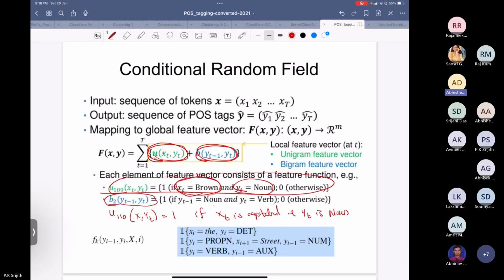Suppose an extreme condition where only 2 or 3 words are there and they occur repeatedly many times, so that probability will be very high.